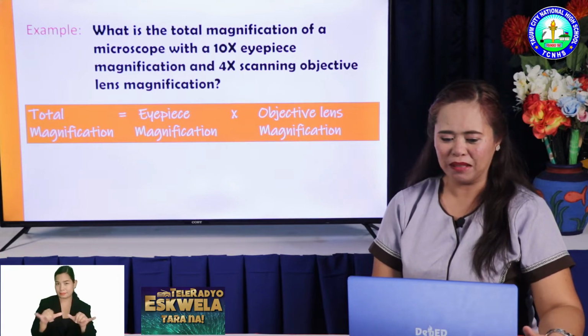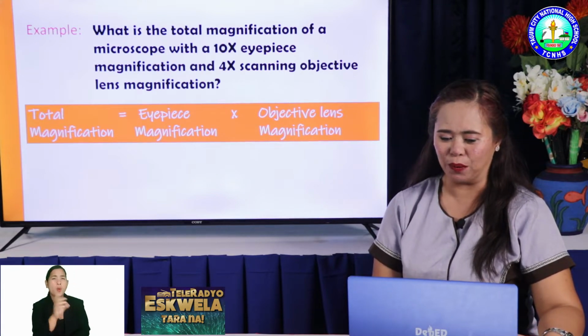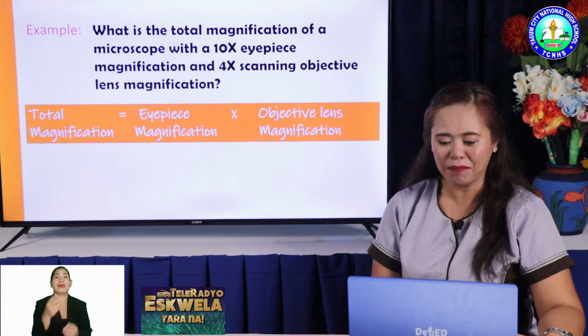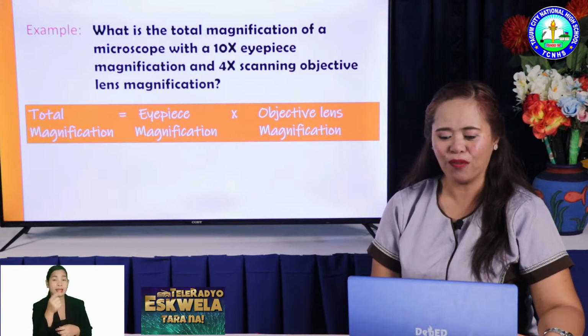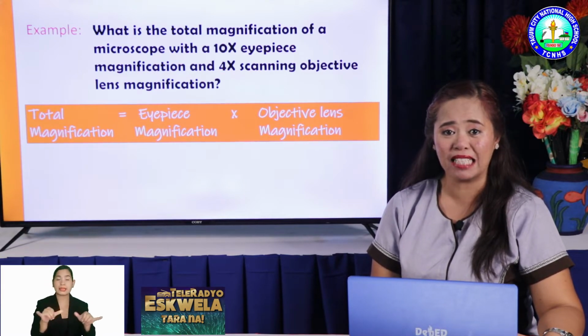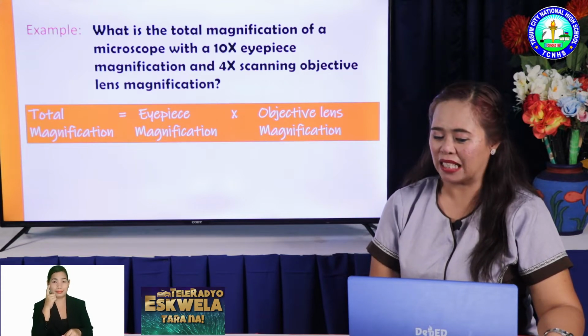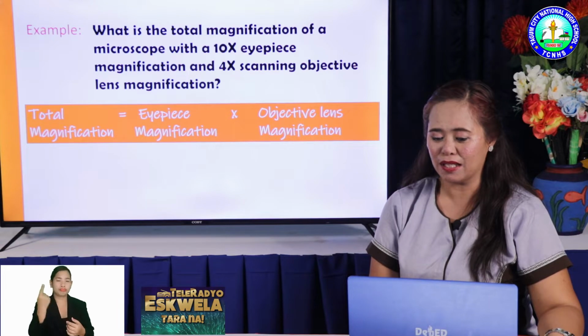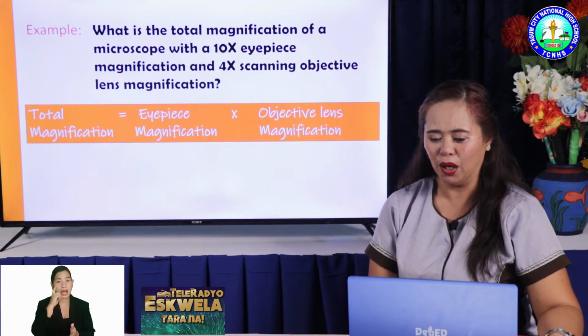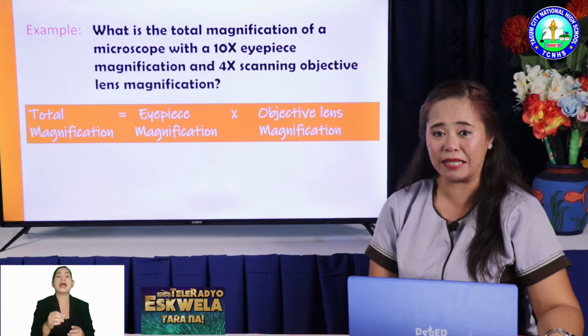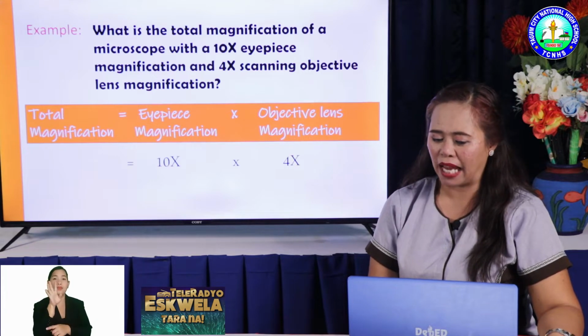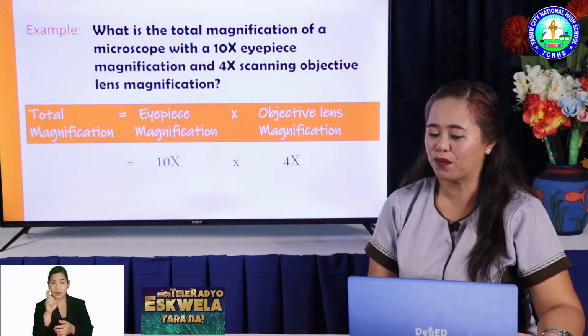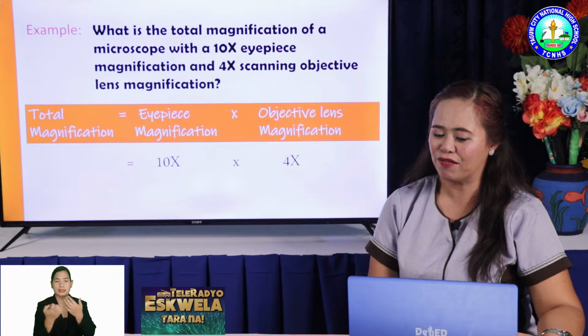What is the total magnification of a microscope with a 10x eyepiece magnification and 4x scanning objective lens magnification? To answer the question, just simply multiply the values of eyepiece magnification, which is 10x or simply 10, and scanning objective lens magnification, which is 4x or simply 4.